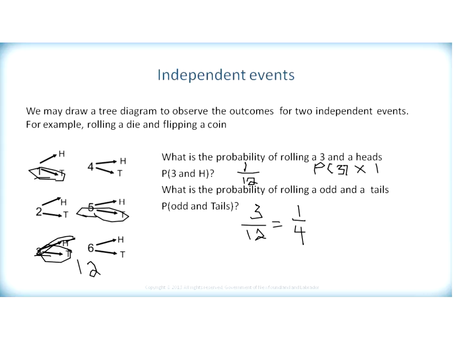The probability of rolling a 3 will be 1/6 times the probability of flipping a heads, which would be 1/2. That gives us the 1/12. The probability of rolling an odd number would be 1/2 times the probability of rolling a tails, which is 1/2, gives us the 1/4, which we've seen in the tree diagram.